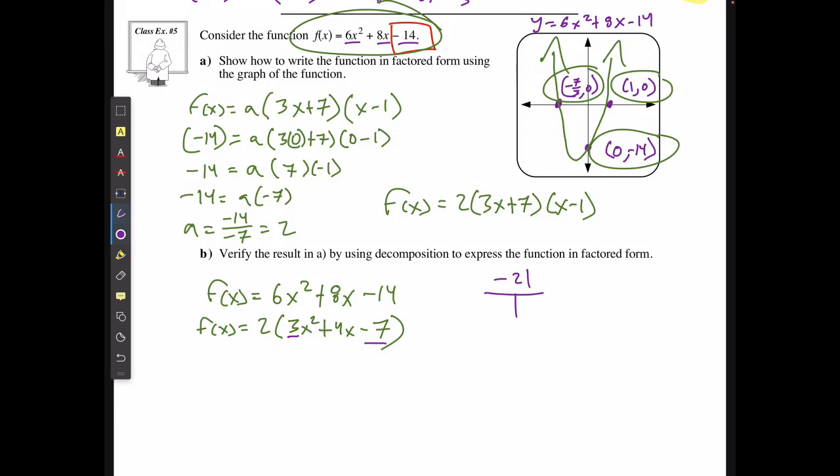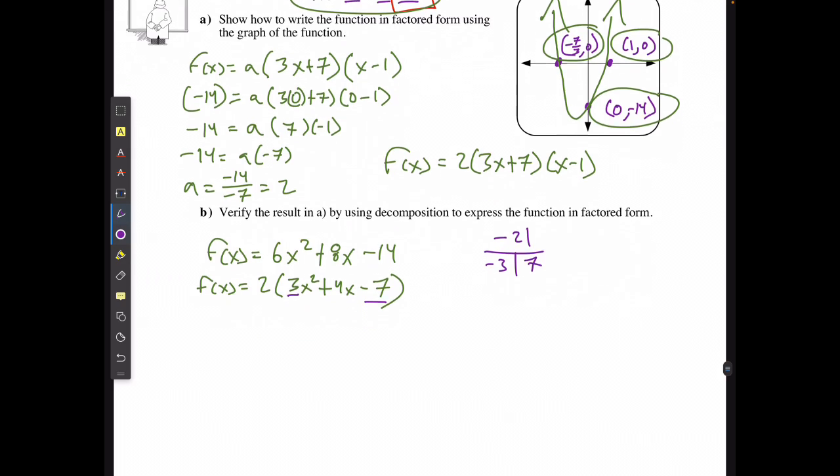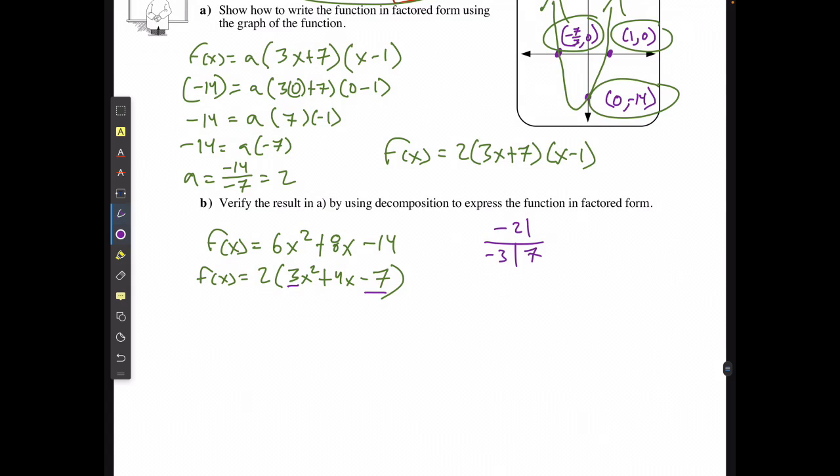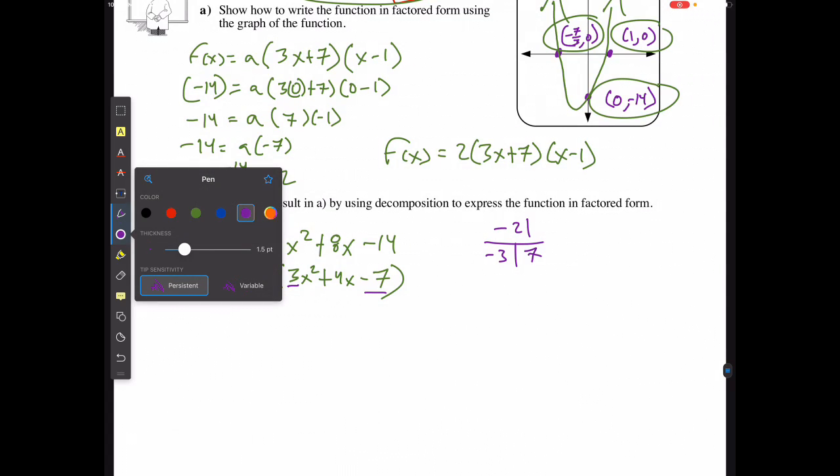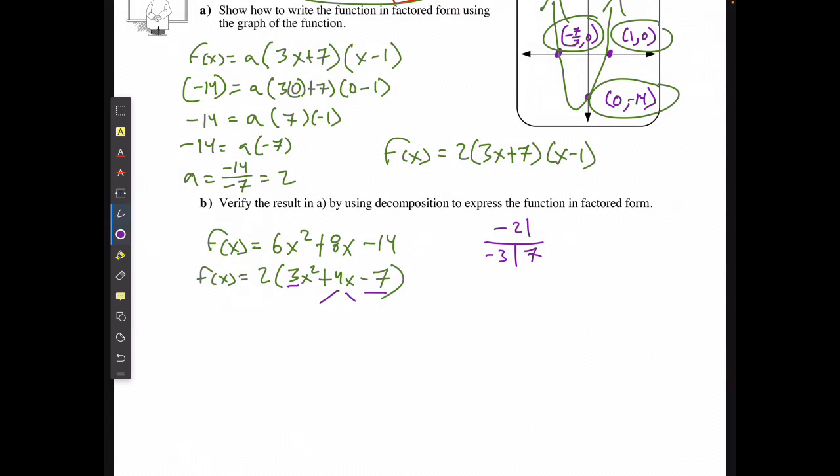And I need two factors of that add up to positive 4. In this case, it's going to be negative 3 and positive 7. So I'm going to split that up and say that f of x is equal to 2 bracket 3x squared minus 3x plus 7x minus 7.